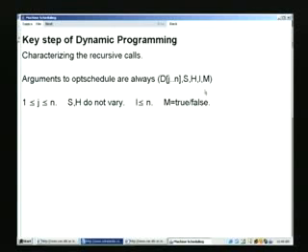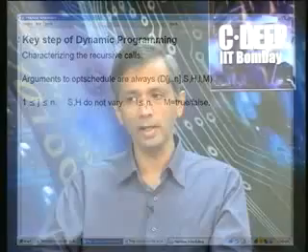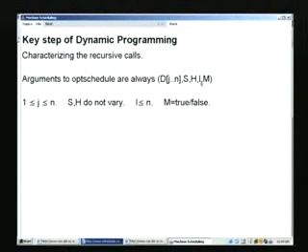Okay. The inventory can be at most n. Why is that? Well, we have n days during which the machine produces 1 unit per day, and therefore the inventory cannot ever build up to more than n. So this argument will be an integer at most n, and the last argument could either be true or false.